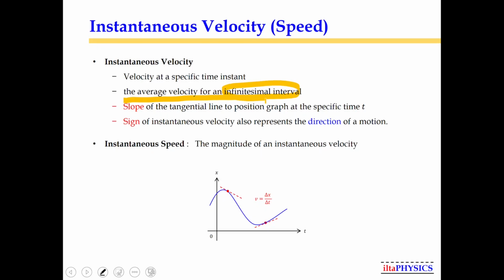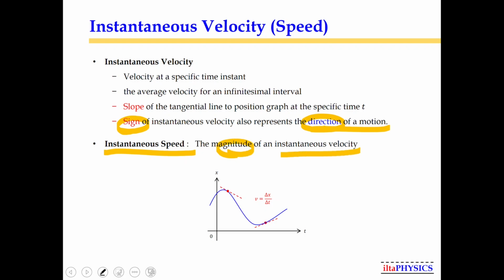From a geometric perspective, it can also be defined as the slope of the tangent to the position graph at that time. Of course, instantaneous velocity is also a vector, so its sign shows the direction of motion. Instantaneous speed is defined as just the magnitude of the instantaneous velocity without considering direction.